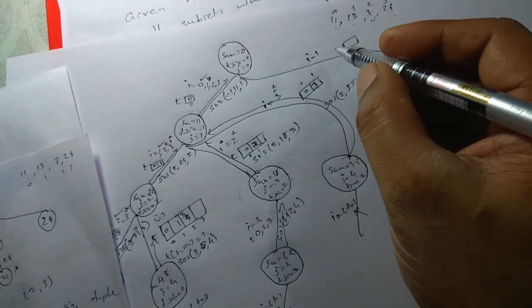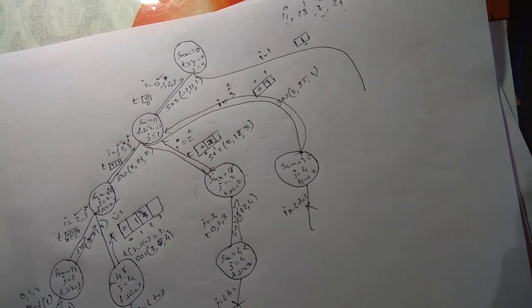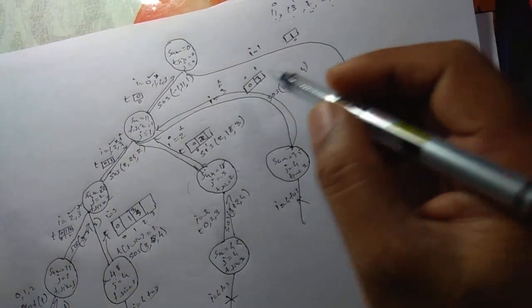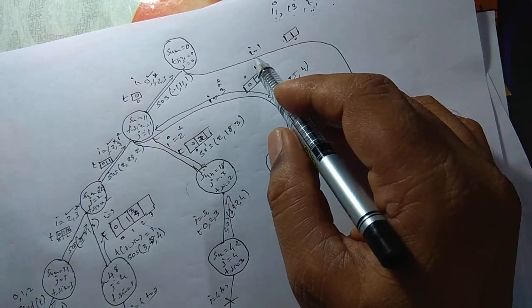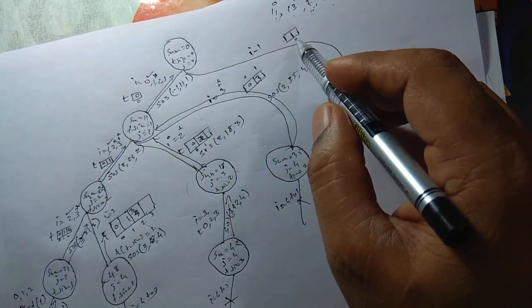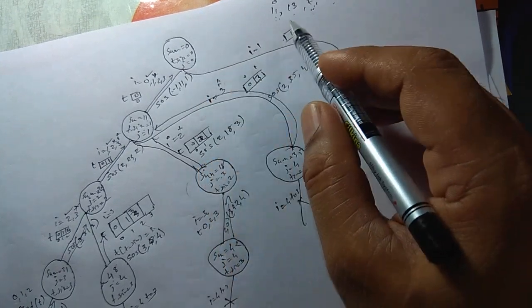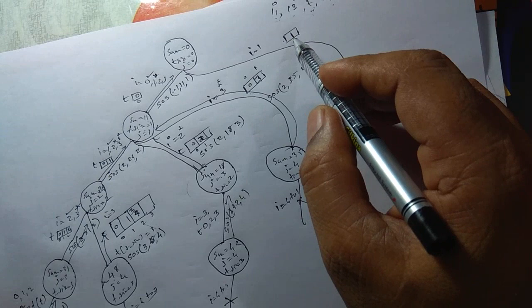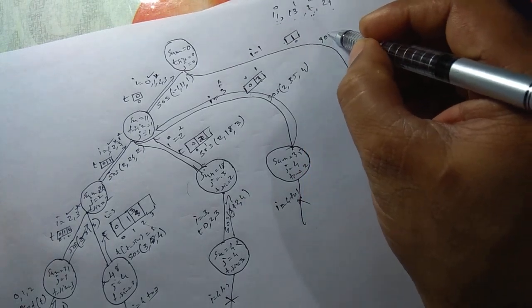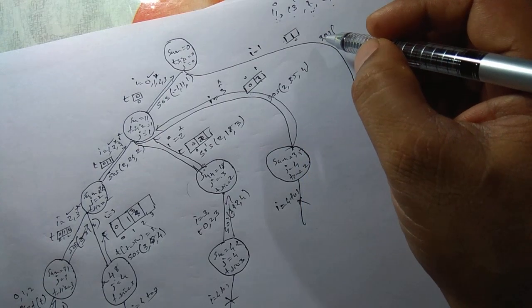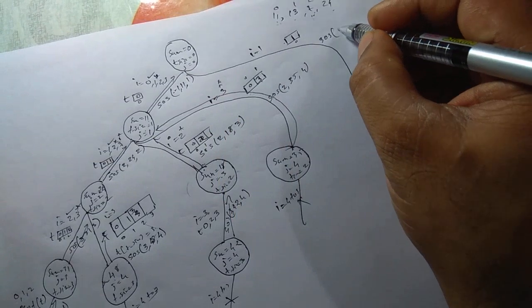Now it is updated with value 1. Then it is invoking sum of subset with T size plus 1. T size is 0, so it will become 1.